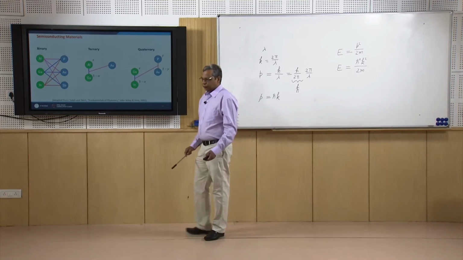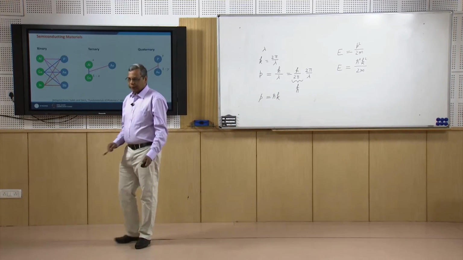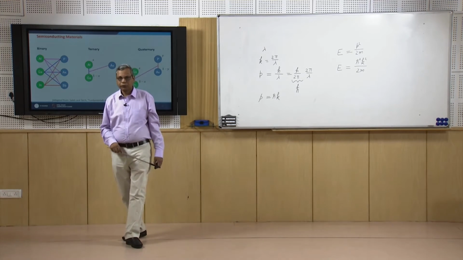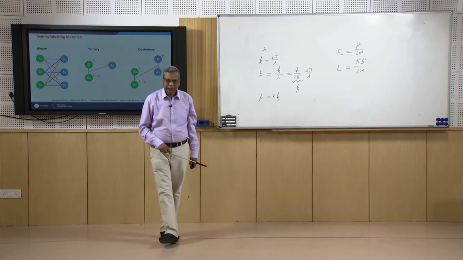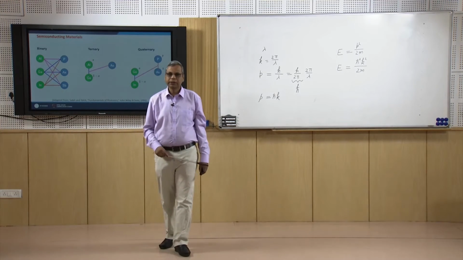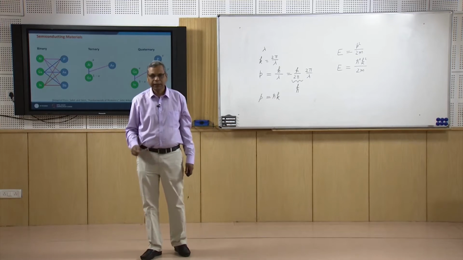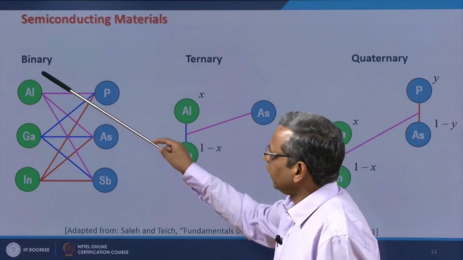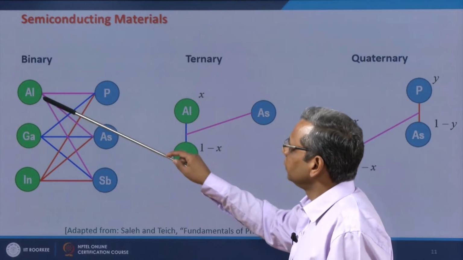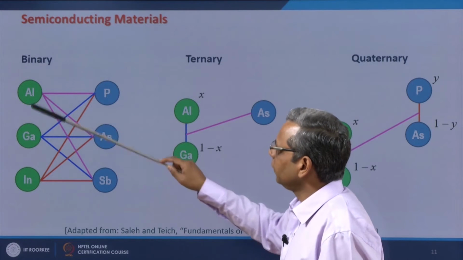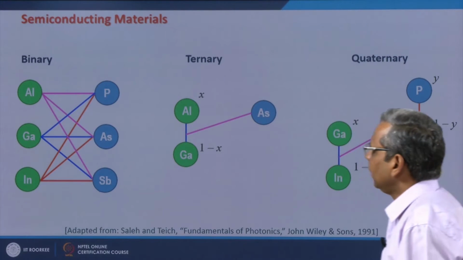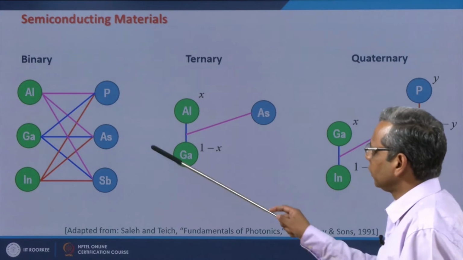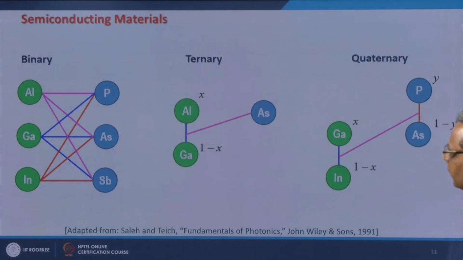So, apart from silicon and germanium, these kinds of semiconductors which have just one element from the fourth group, I can make semiconductors by mixing the elements from the fifth group and third group. What I can do is take elements from the third group of the periodic table like aluminum, gallium and indium, and take elements from the fifth group like phosphorus, arsenic and antimony.